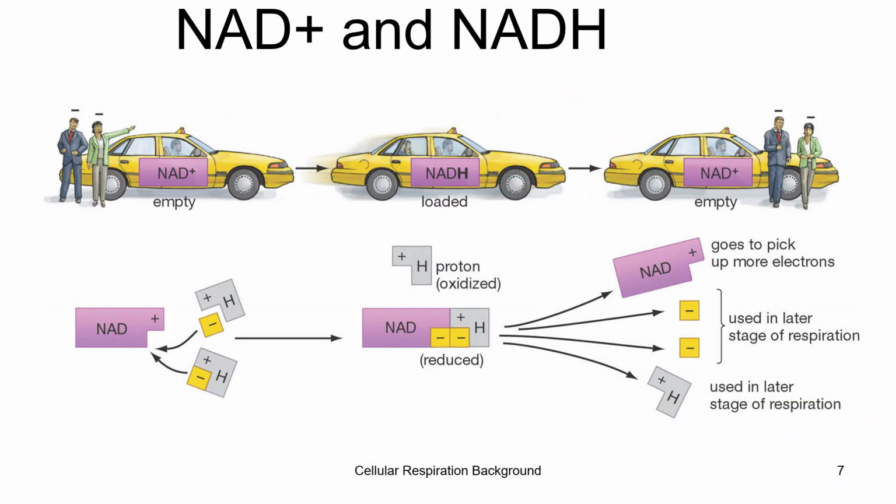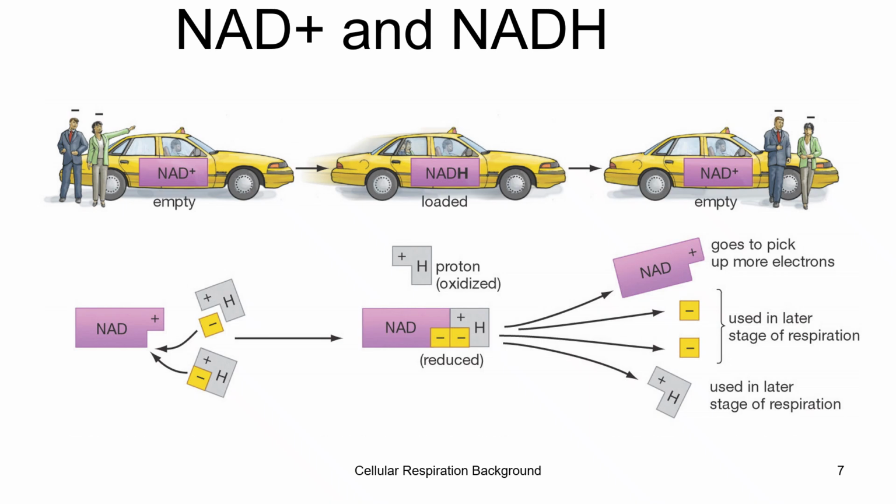There are many analogies out there to explain how electrons are taxied from one location to another location inside of a cell. I like this analogy with this actual taxi in the picture, right? The taxi is a molecule called NAD+, indicating that it's a cation and that it's lost an electron somewhere. Don't worry about where. These two people here are the two electrons, right?